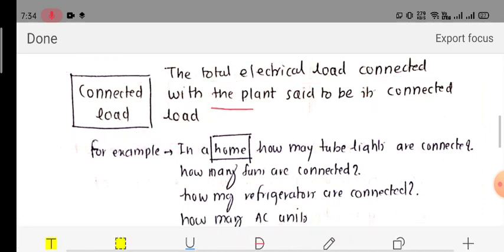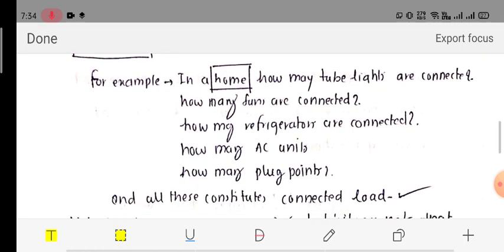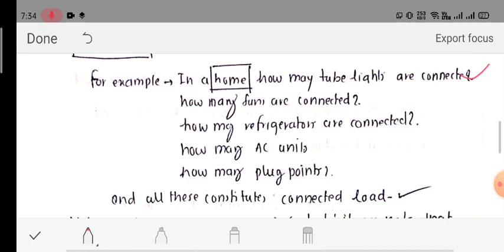For example, let's consider a home. In a home, how many tube lights are connected? How many fans? How many refrigerators? How many AC units? How many plug points are there in your house? Suppose there are 4 tube lights having a rating of 20 watts, so the connected load for tube lights will be 80 watts.